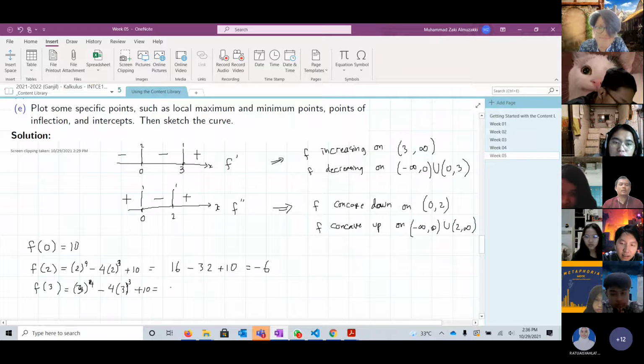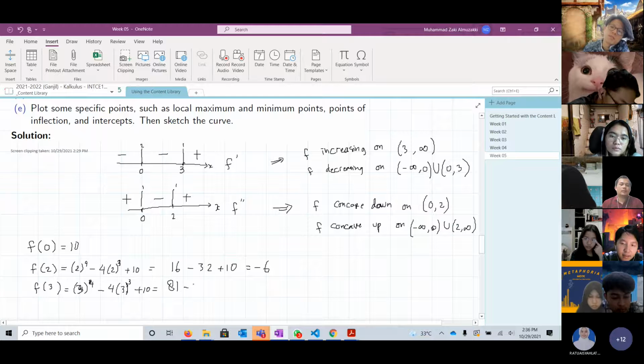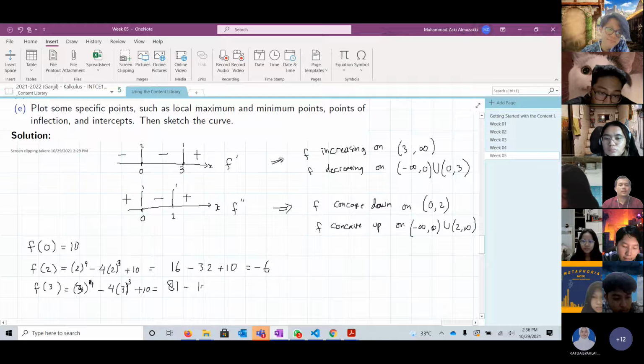So 3 power 4 is 81 minus 4 times 27, which is 108, plus 10. So in this case we have minus 17.